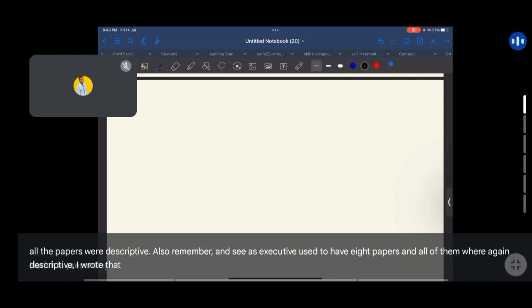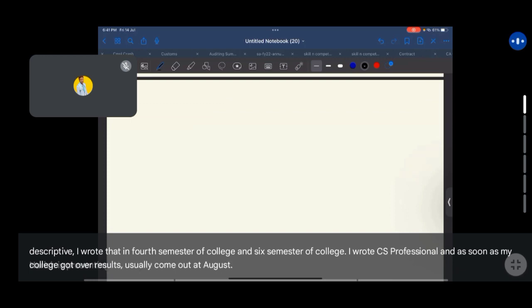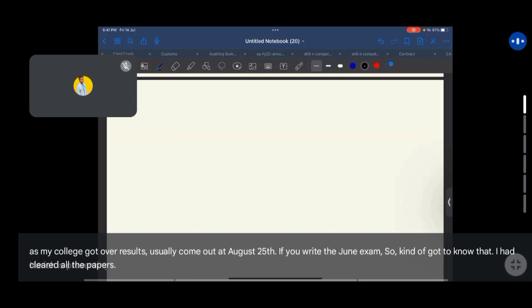I wrote that in 4th semester of college, and 6th semester of college I wrote CS professional, and as soon as my college got over, results usually come out at August 25th if you write the June exam. So kind of got to know that I had cleared all the papers. In spite of scoring less than 70% pretty much my entire life.